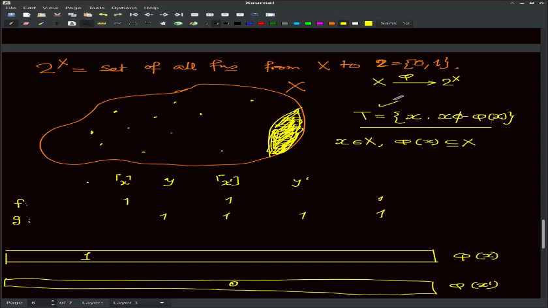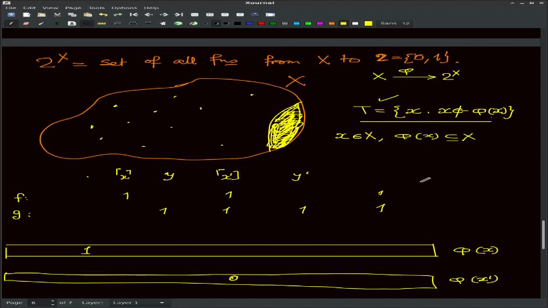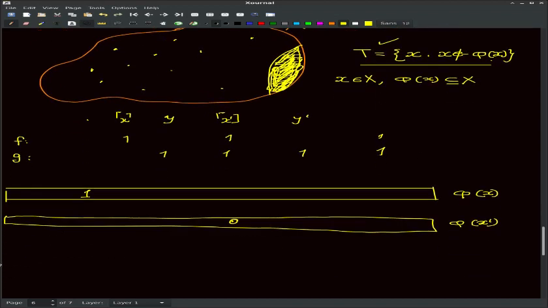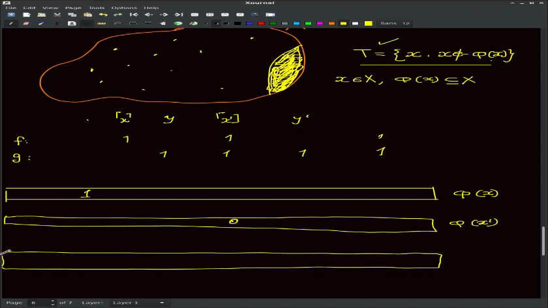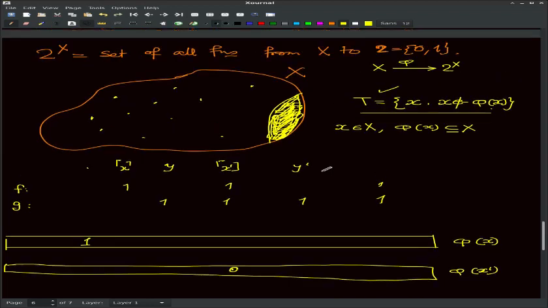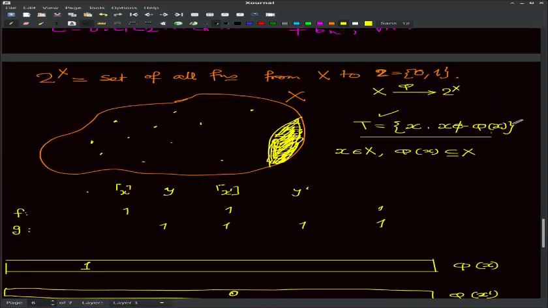Okay? And therefore this t that you have made in this way will make its place somewhere here, because you have already taken a subset. It will be one of the rows, because it is a subset.